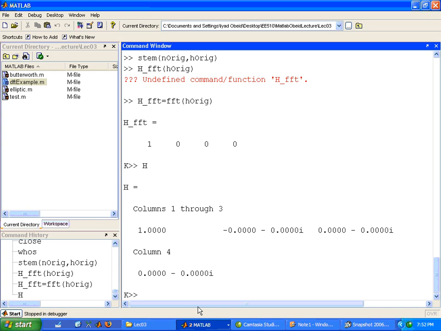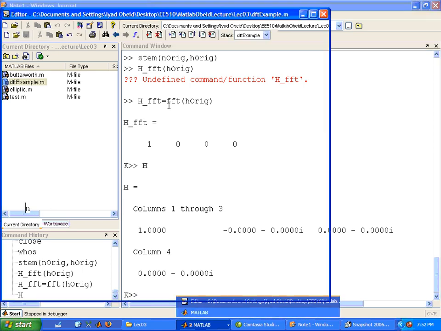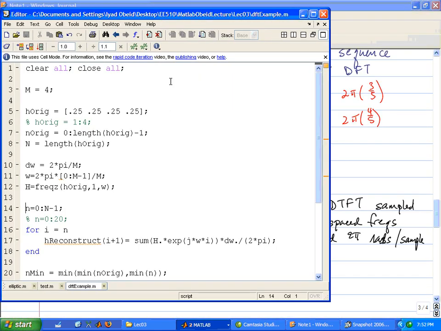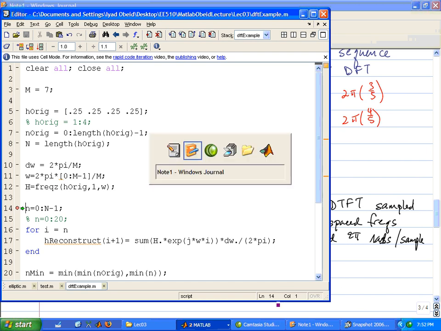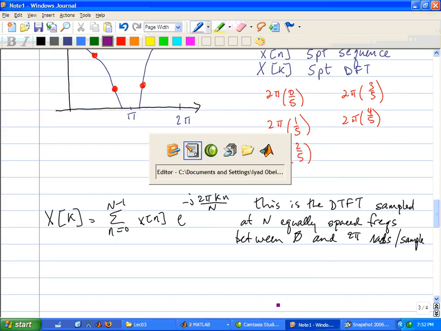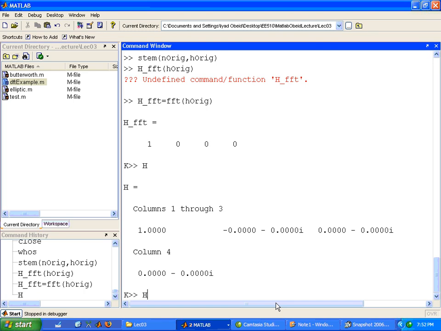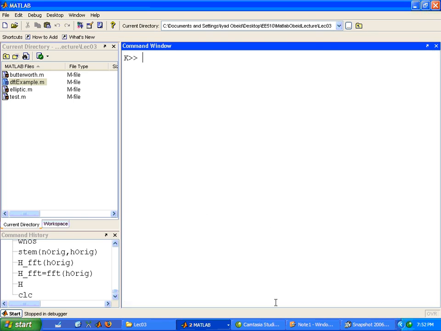Absolutely. We could just as easily have said, give me a 7-point FFT. So if I do that, let me clear this.